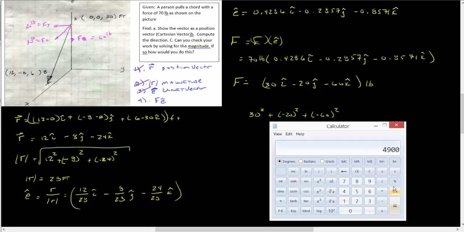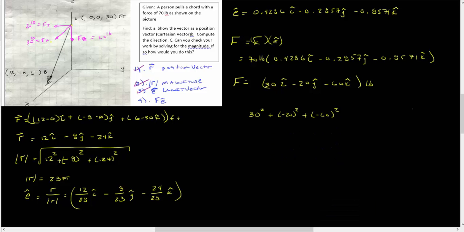If I take the square root of that, you get 70, which should be 70. So that was one way you could quickly check to see if you had your position vectors in place correctly.